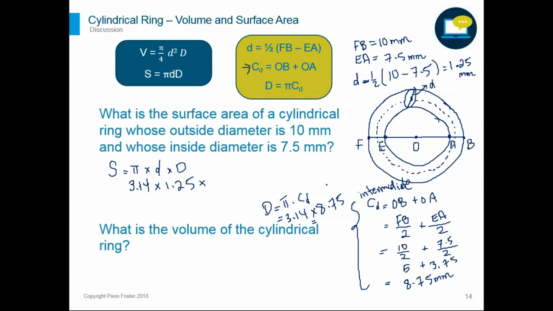So multiply, and that will give you 27.5 millimeters. So D here is 27.5 millimeters. Multiply all three values in the surface area formula, and that will give you finally the surface area for this cylindrical ring, 107.94 millimeters squared.